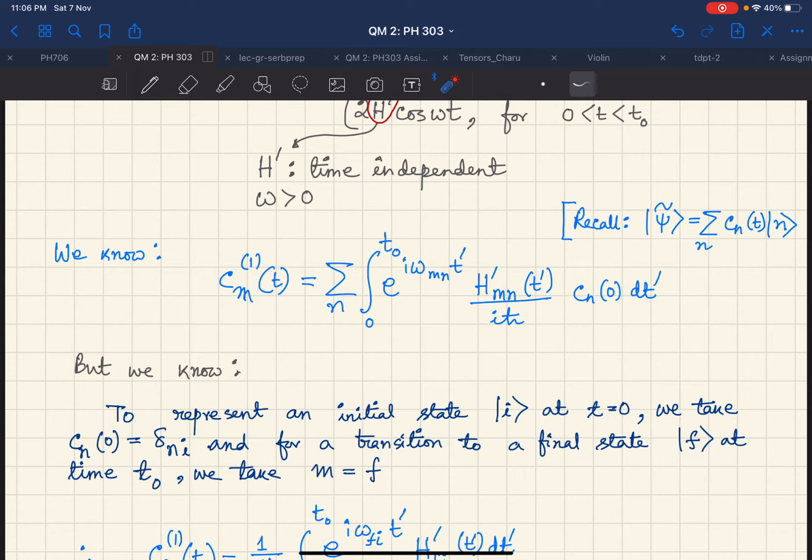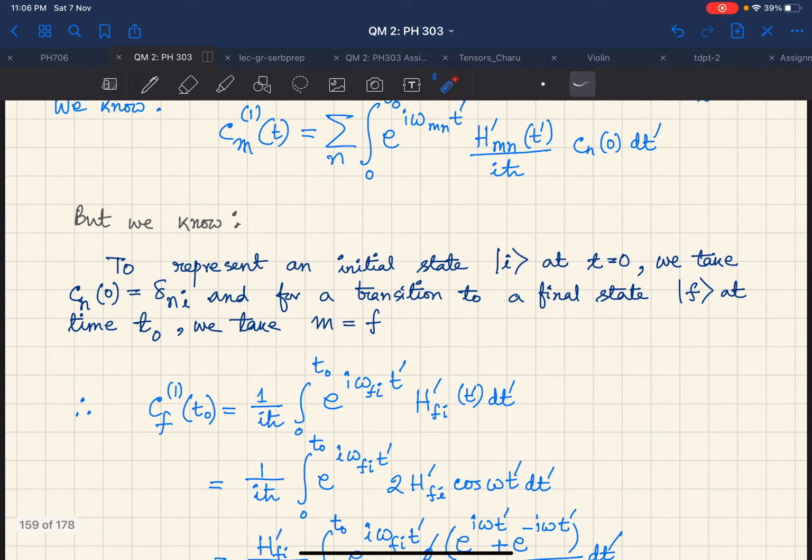So wherever I find any n, I will replace it with i. And for a transition to the final state, which I denote by ket f, at some time t0, we will definitely replace all m's that are sitting here by f.